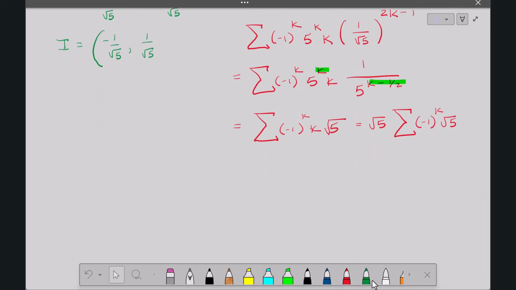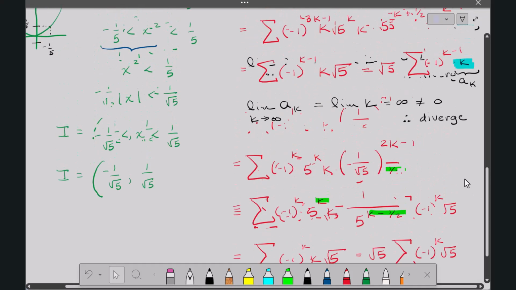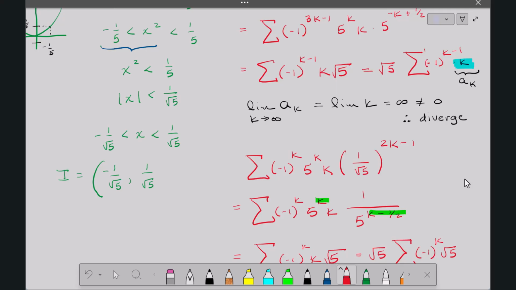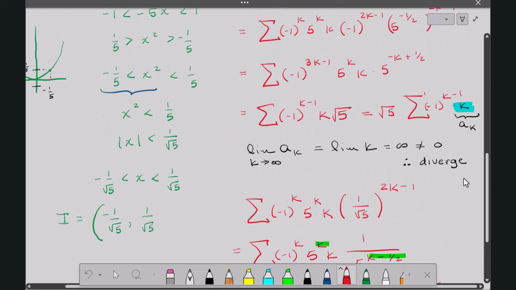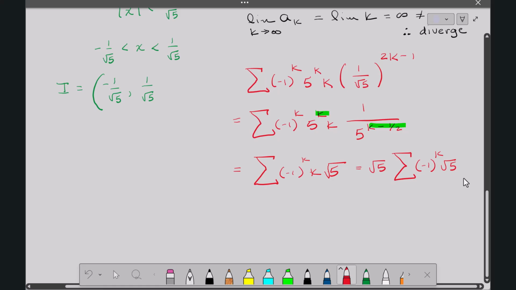And this alternating series, very similar to the one above it, is going to diverge. And the question is why? For a very similar reason. a sub k is everything inside the summand except the switch. So here, the a sub k is also not going to have a limit of 0.